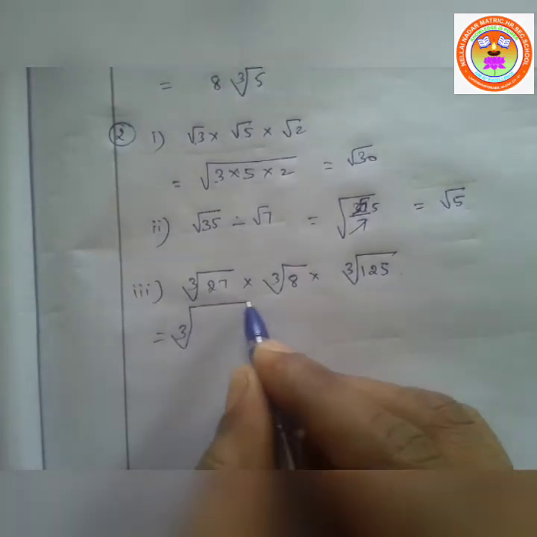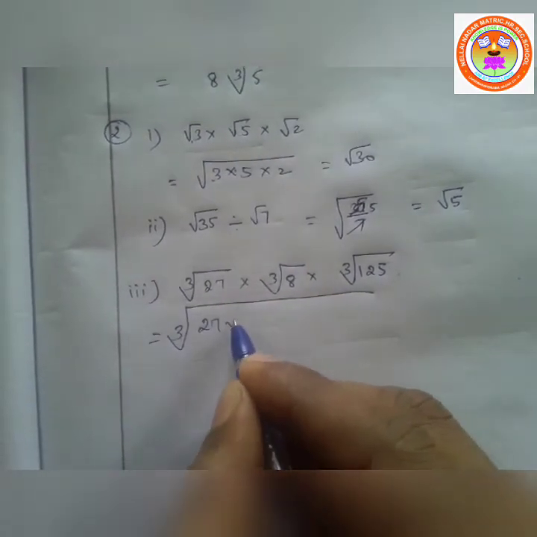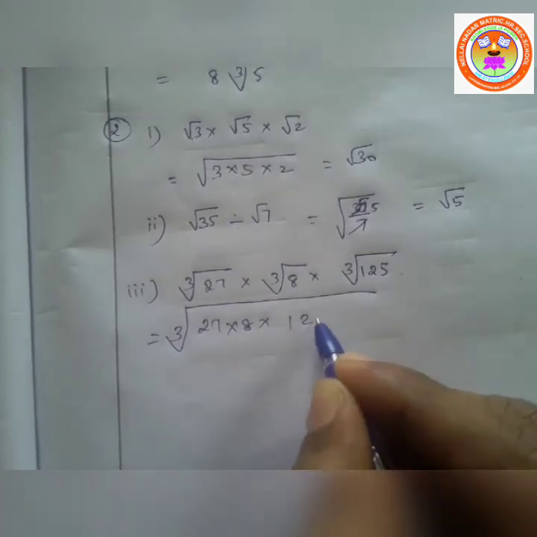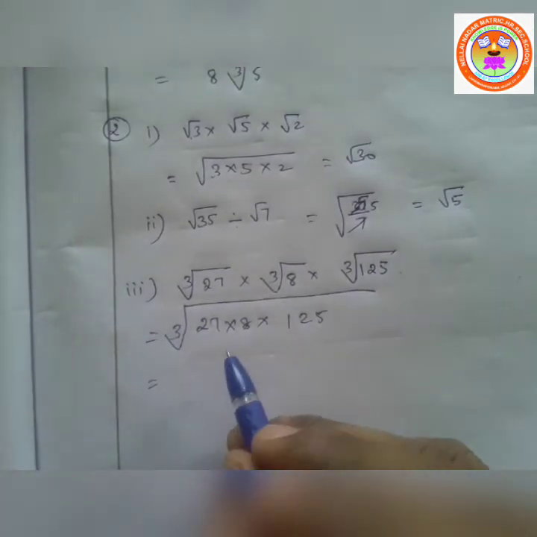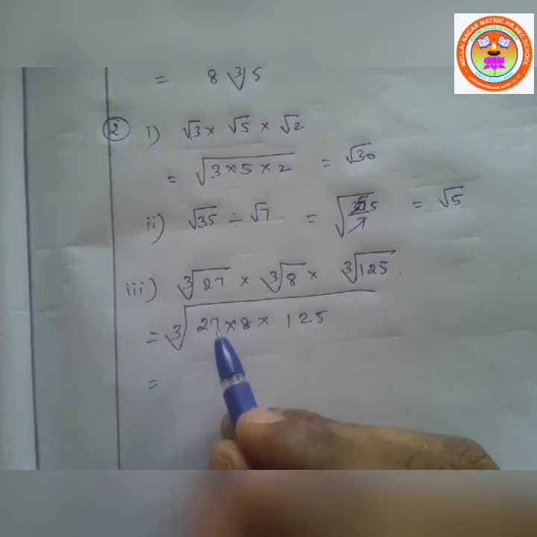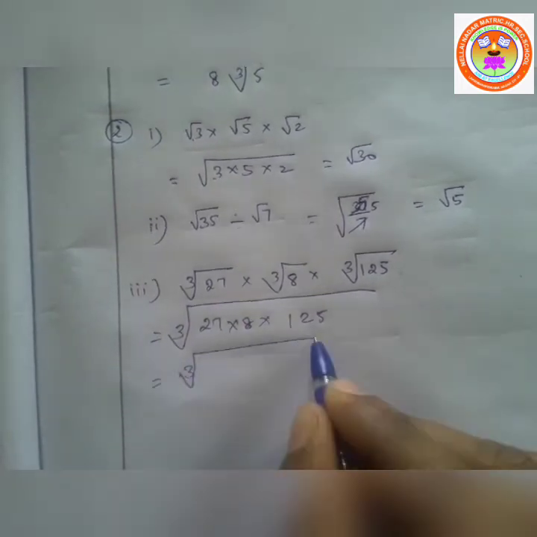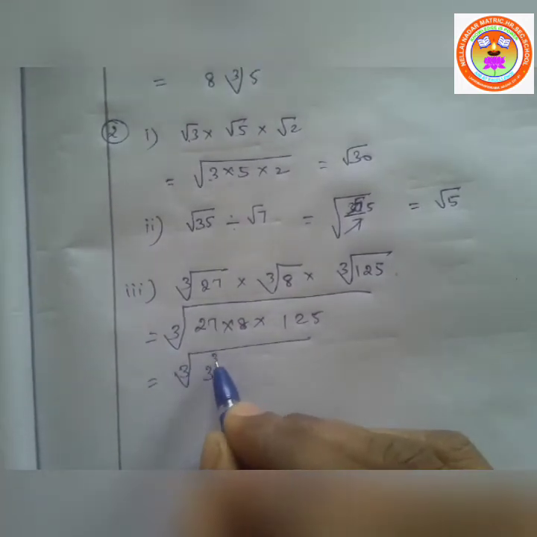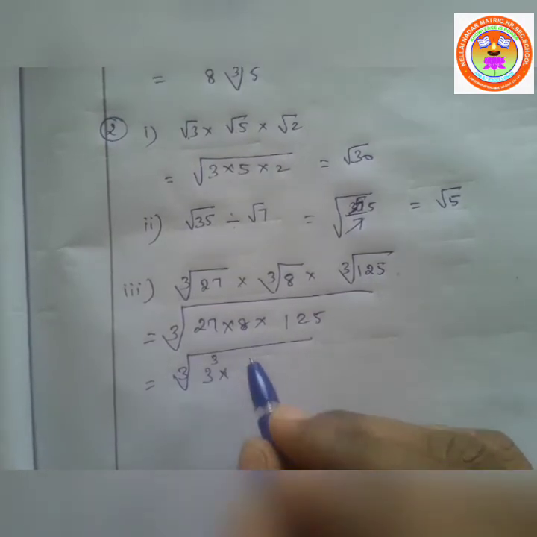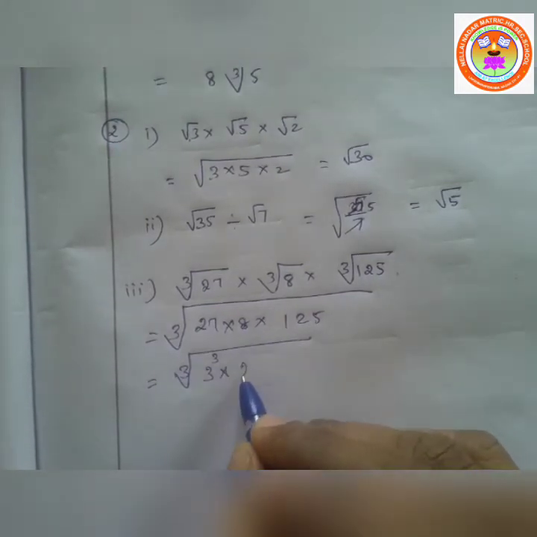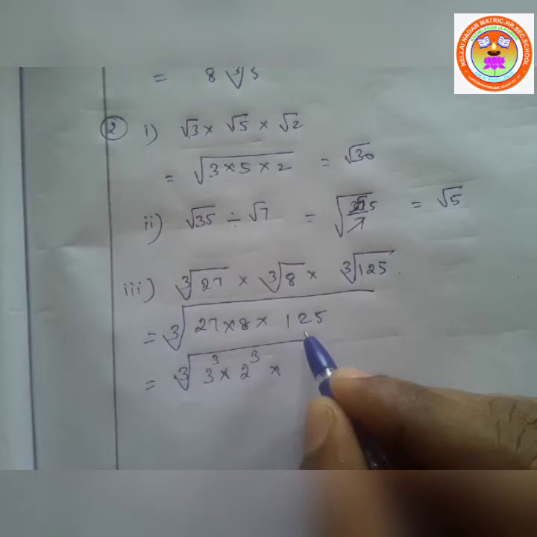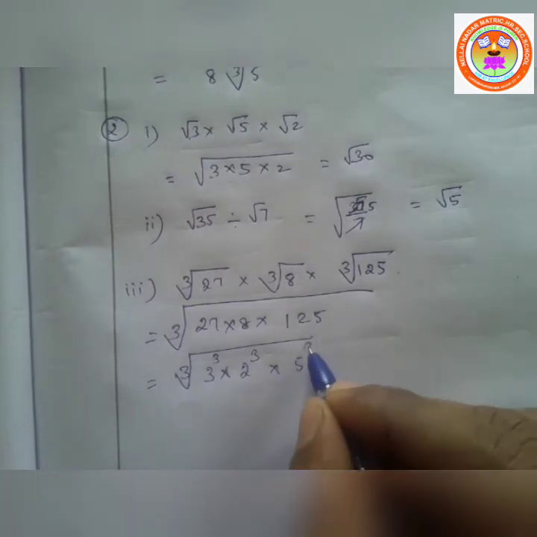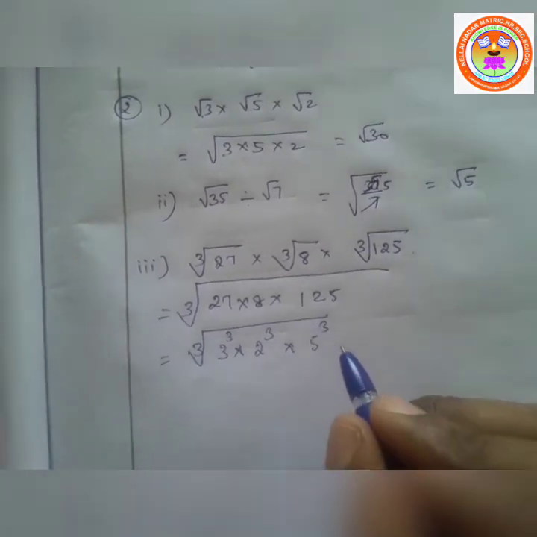So cube root of 27 into 8 into 125. Now we have to take the prime factorization. 27 is 3 into 3 into 3, so 3 cube. 8 is 2 into 2 into 2, that is 2 cube. And 125 is 5 into 5 into 5, that is 5 cube.